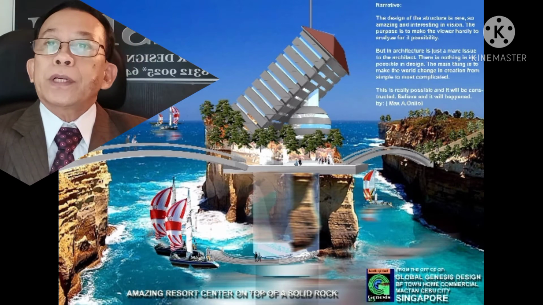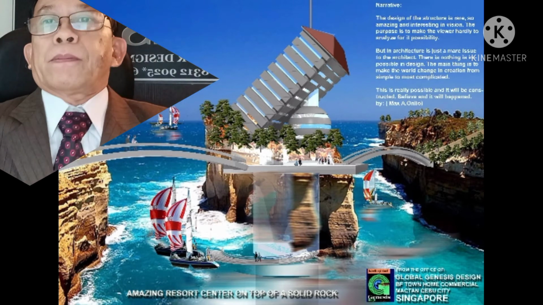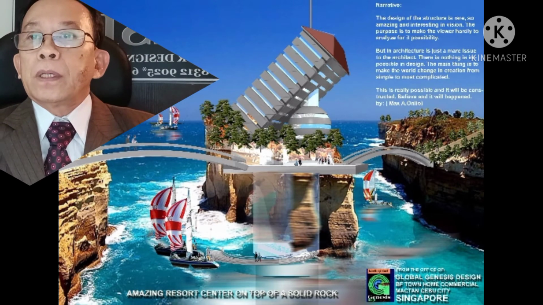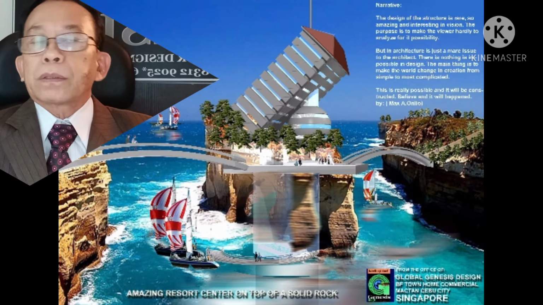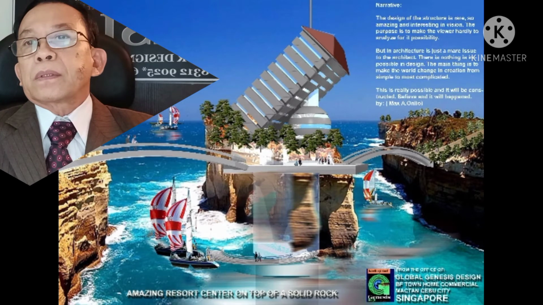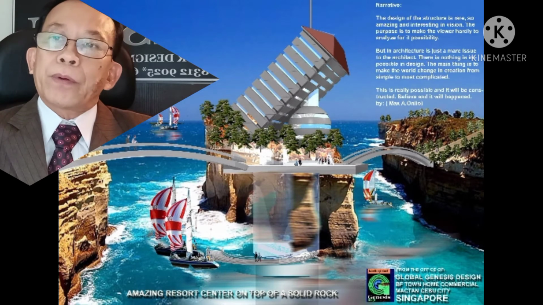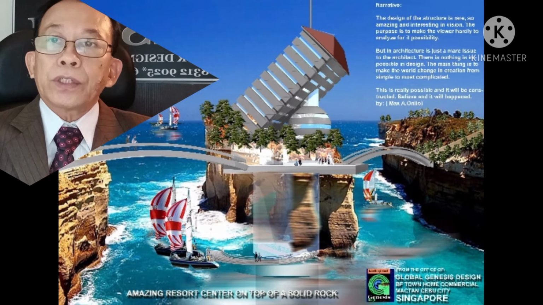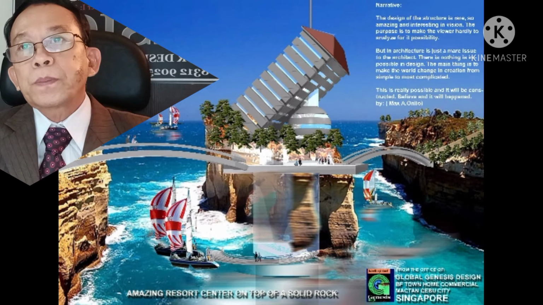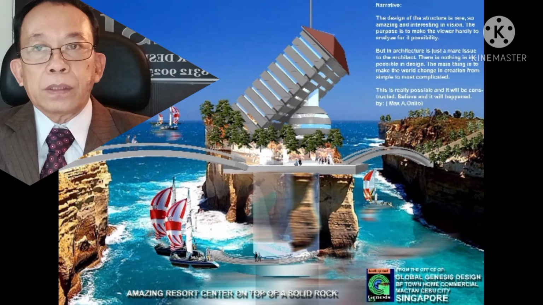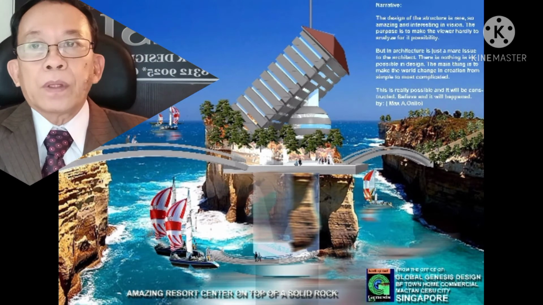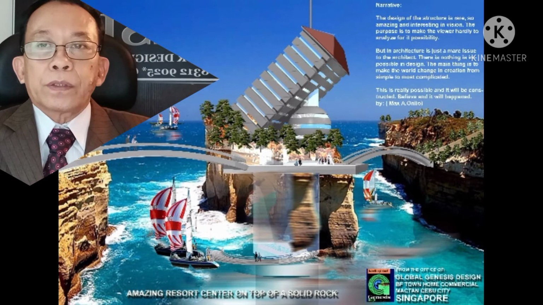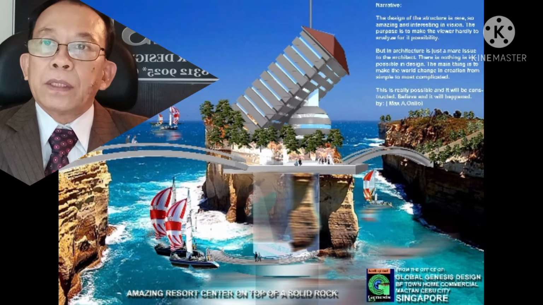This is approximately 30 meters above the sea level. 30 meters is equivalent to 10 stories, because every story has a maximum of 3 meters from floor to floor level.